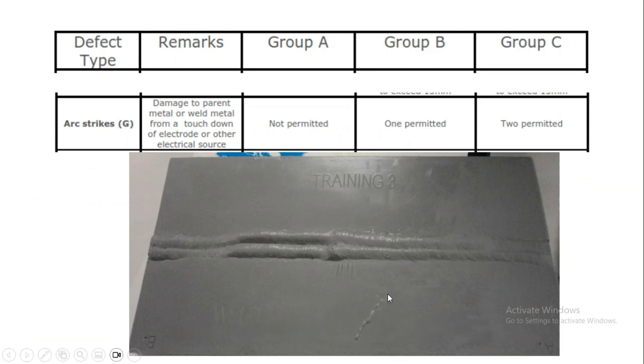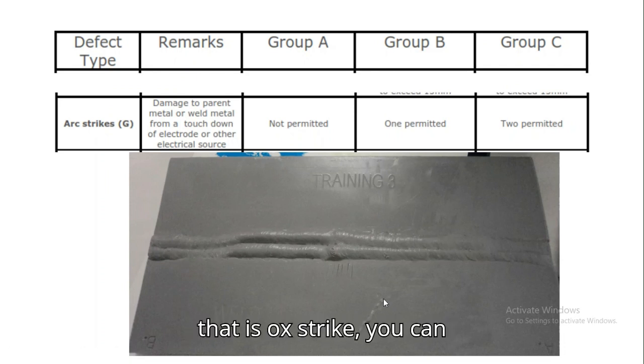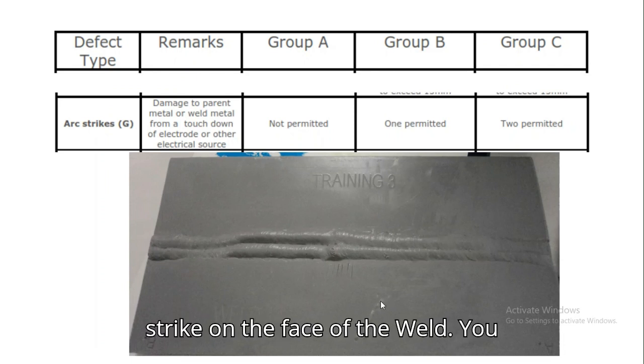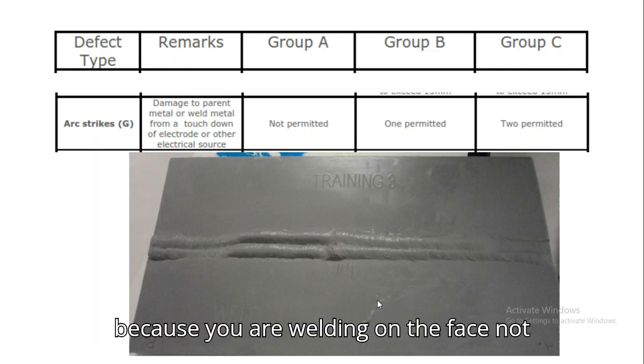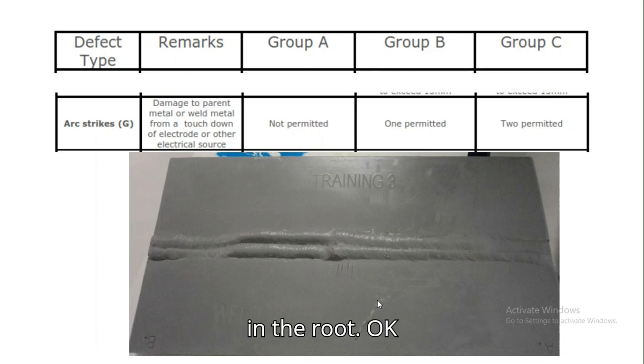It occurs due to an unskilled welder. If the electrode is struck on the parent metal, that is arc strike. You can always see the arc strike on the face of the weld. You cannot see it at the root because you are welding on the face, not in the root.